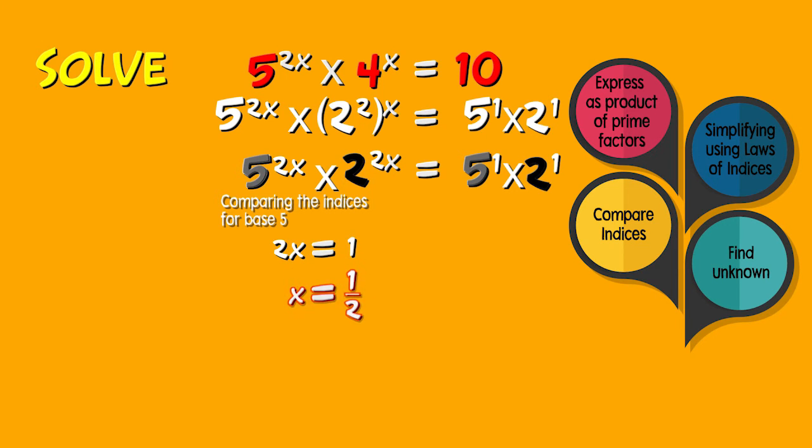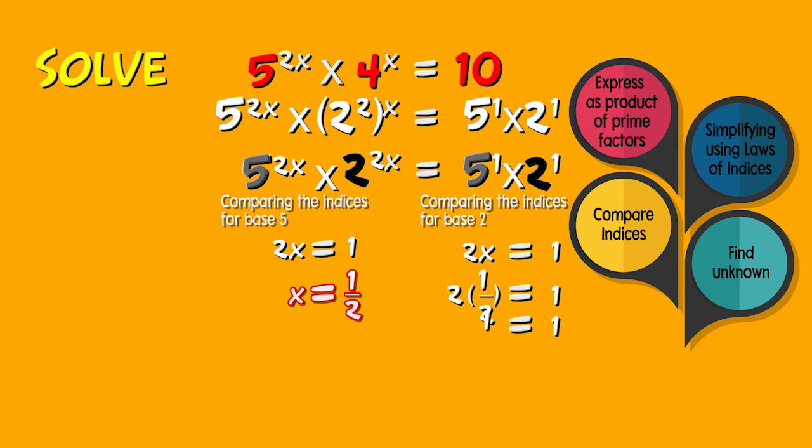Hence, x equals half. Now, let's check if this value of x satisfies the equation formed by comparing the indices for base 2, which is 2x equals 1. We substitute x equals half into the equation, and we can see that the left-hand side equals the right-hand side.